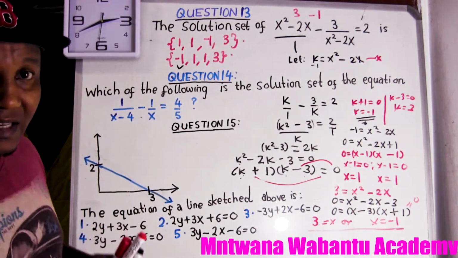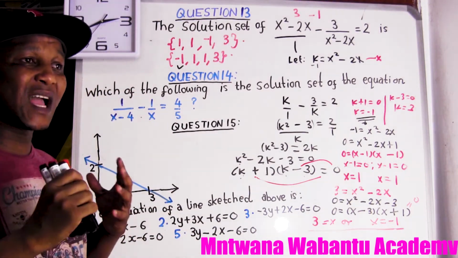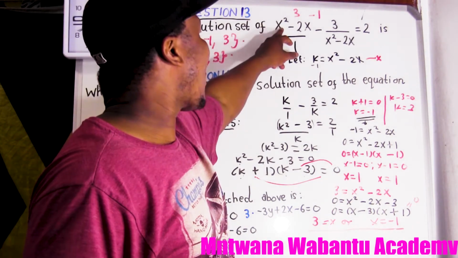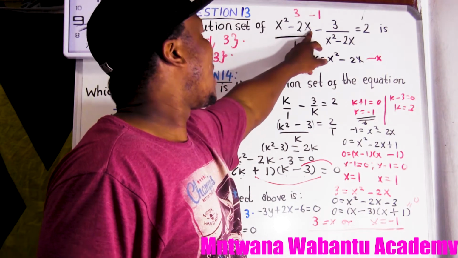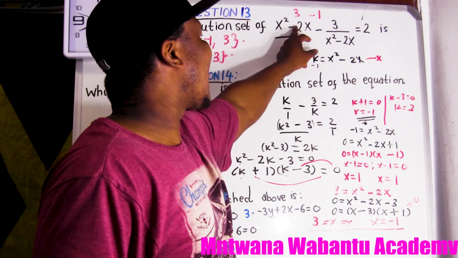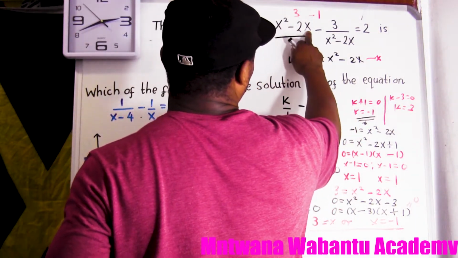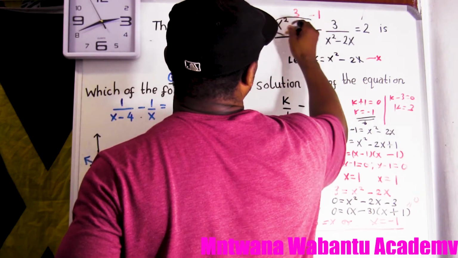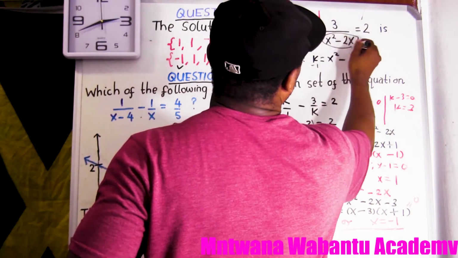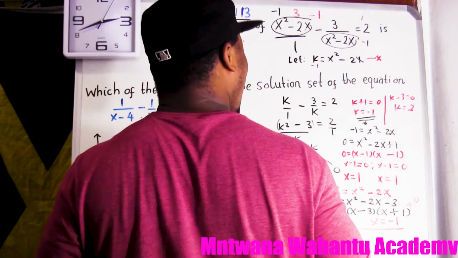Now take 1 and see if it's true. You have to test all of them, and the one which does not qualify, you take out. Now let's go for positive 1. If you plug 1 here, 1 squared equal to 1, and 2 times 1 equal to 2. So 1 minus 2 equal to negative 1, so all this stuff equal to negative 1.